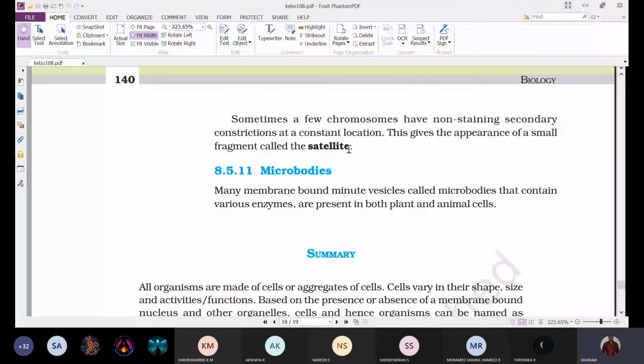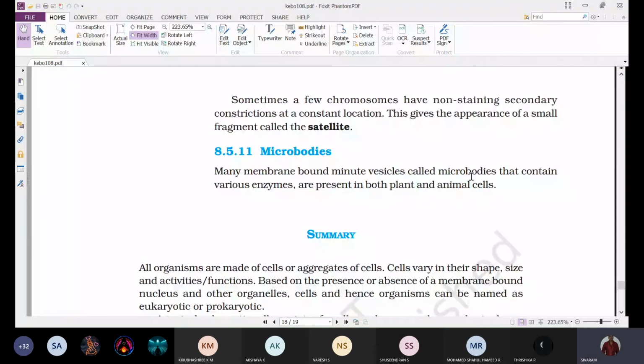And next, along with this, we find something called microbodies. Many membrane-bound minute vesicles called microbodies that contain various enzymes are present in both plant and animal cells. We'll find certain membrane-bound minute vesicular structures associated with the endoplasmic reticulum or Golgi complex.